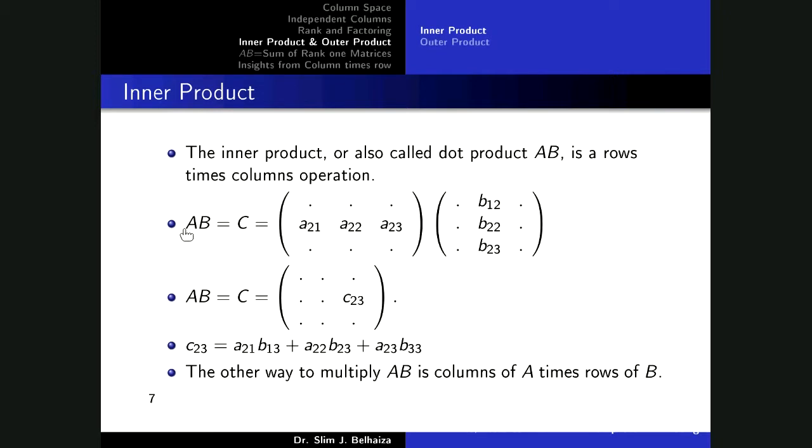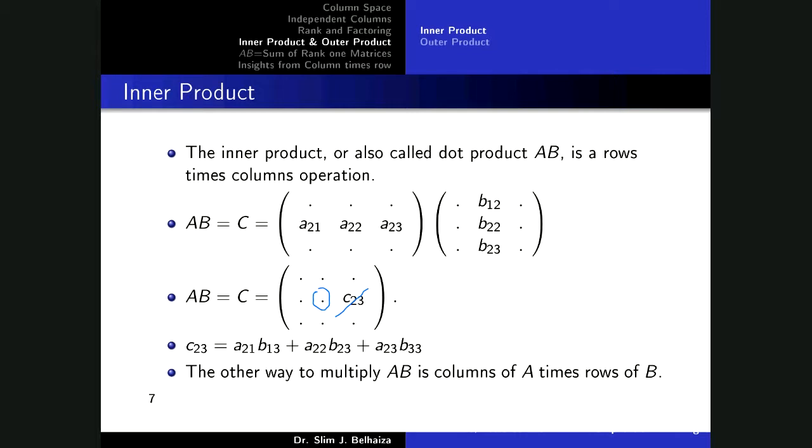Thank you, Khalid. So the condition is that the number of columns in the first matrix equals the number of rows in the second matrix, right? So here, for example, if you have 3 by 3 multiplied by 3 by 3, there is no problem with that. Okay, so if I multiply the second row by the second column, I should obtain the element which is placed here and not at C2,3. It should be here, right? I should apply C2,2. So there is a typo here. It's misleading.